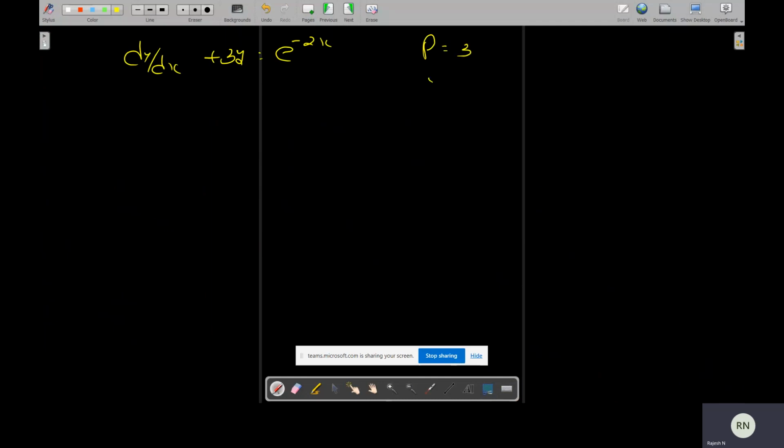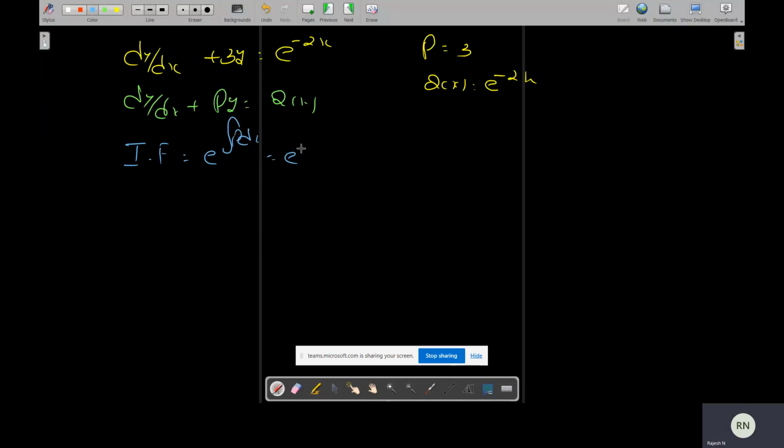Here p is equal to 3, qx is equal to e raised to minus 2x, because you have to compare it with dy by dx plus py is equal to qx. So first of all, you have to find the integrating factor. Integrating factor is e raised to integral p dx, that means e raised to integral 3 dx. What is it? e raised to 3x.